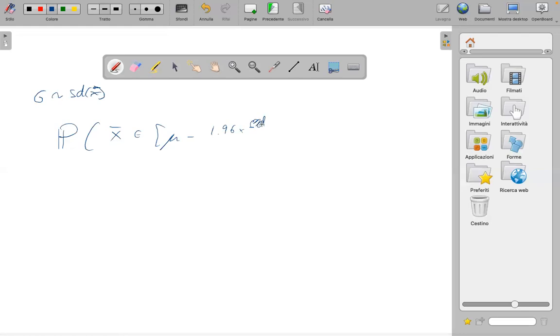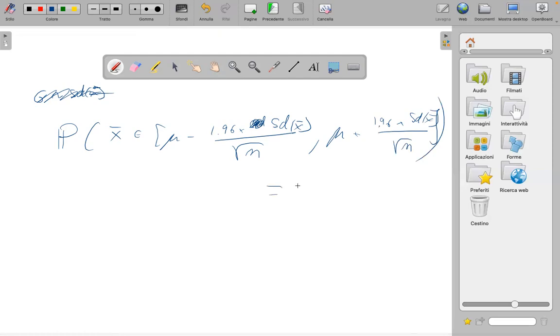So, no, it was true what I said. So here we take the standard deviation of x divided by square root of n, and mu plus 1.96 times the standard deviation of x divided by square root of n. This is equal to 0.95.